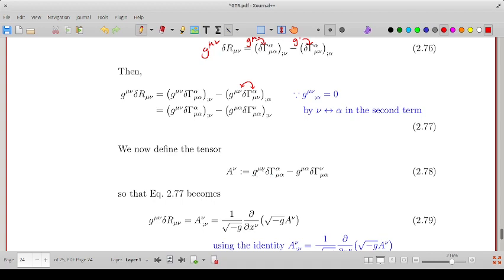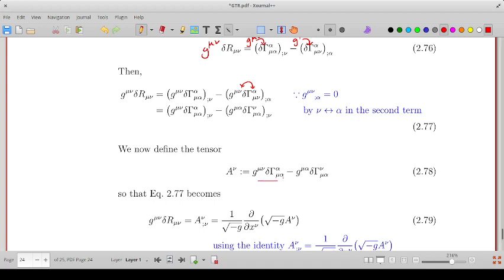Define it to be g mu nu delta gamma alpha mu alpha. So summation over mu is here, summation over alpha is here, the only free index is nu, and minus this factor. This one corresponds to this factor, and then I subtract this from that. So this is g mu alpha delta gamma nu mu alpha, summation over mu and summation over alpha is there, so the free index is nu.